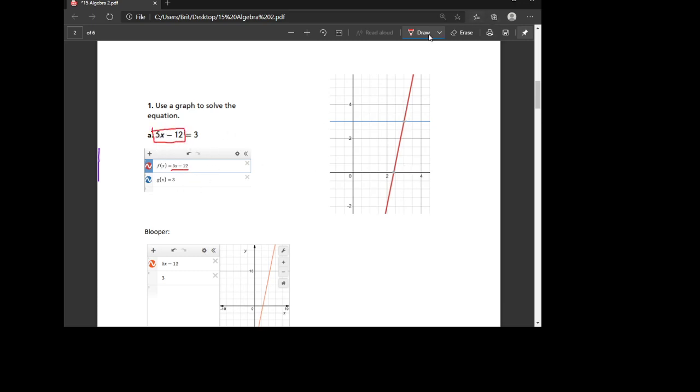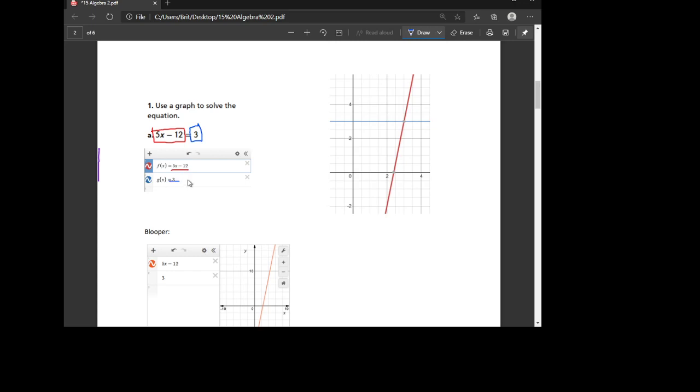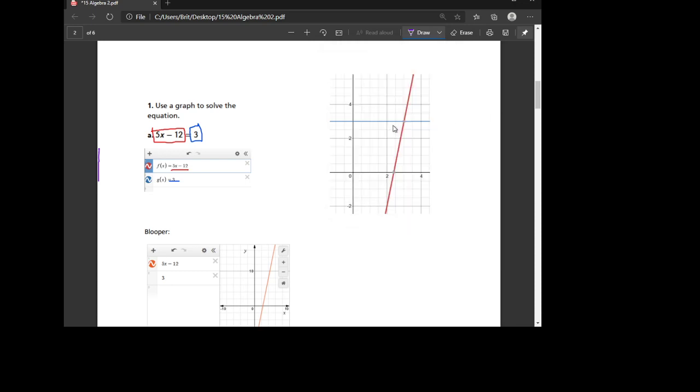And I said g of x was equal to 3. That's the blue line. These two lines are intersecting right here, and the ordered pair for that is 3, 3. So the solution is x equals 3.